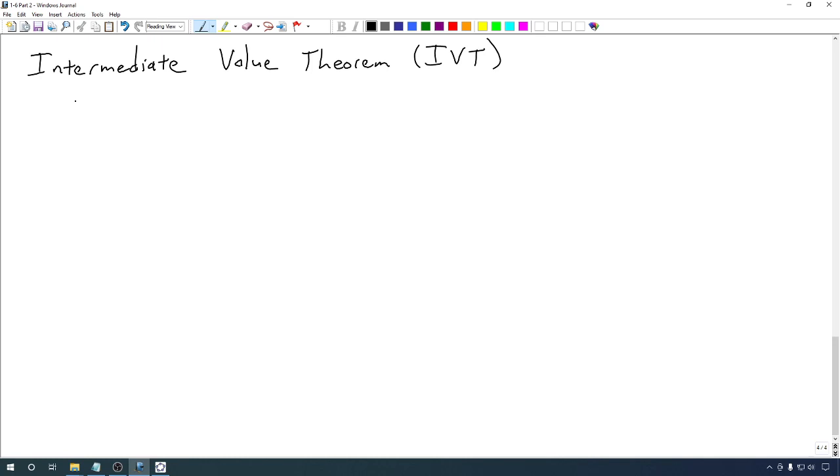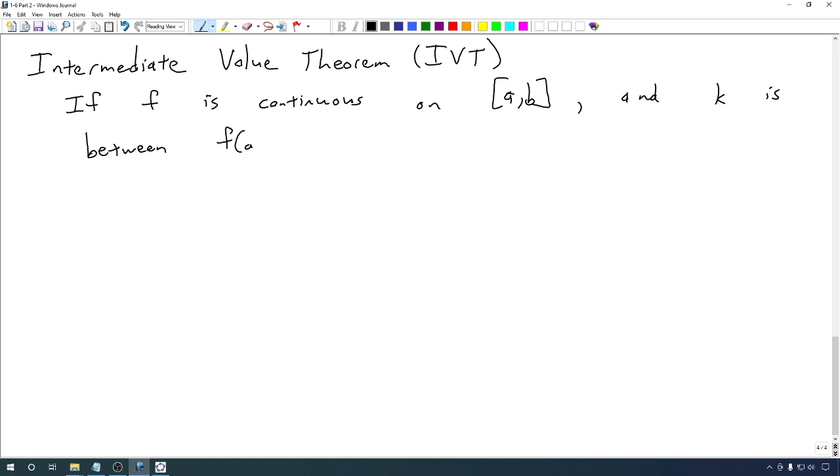But what this is saying is that if a function is continuous on a closed interval AB, and K is a number between f of A and f of B. I should note here that we don't really care whether f of A or f of B is bigger.